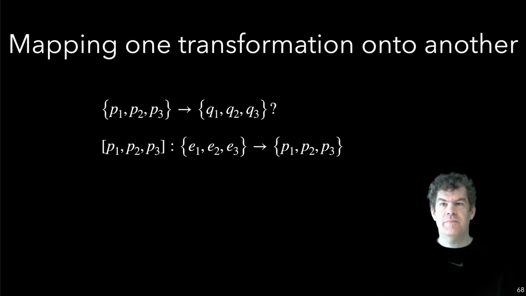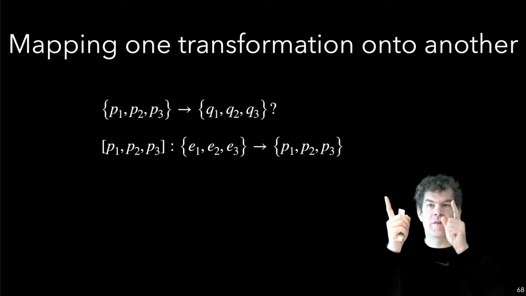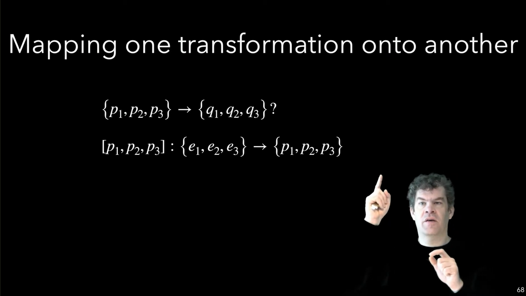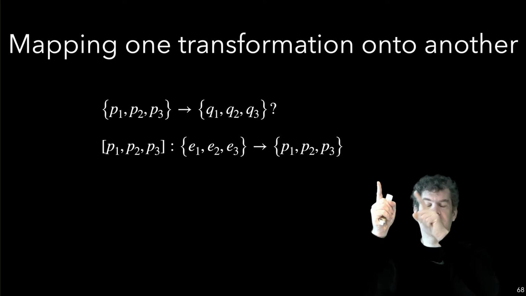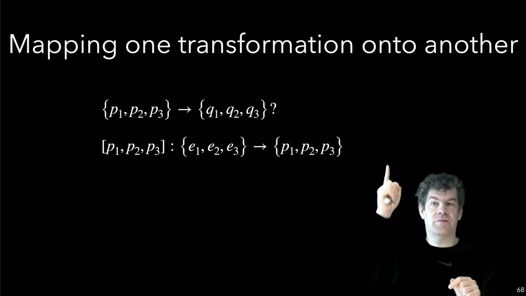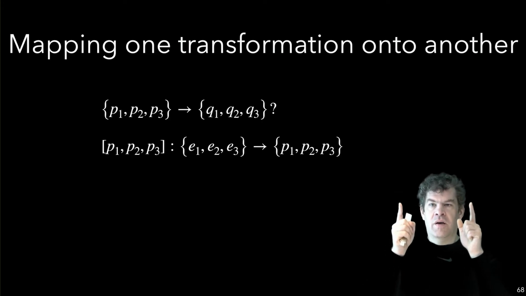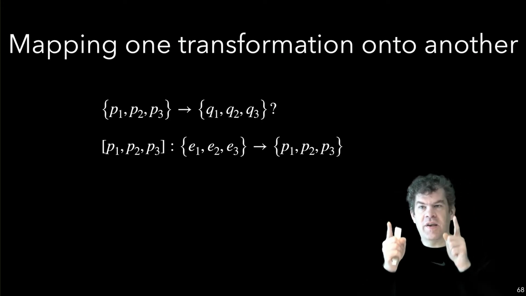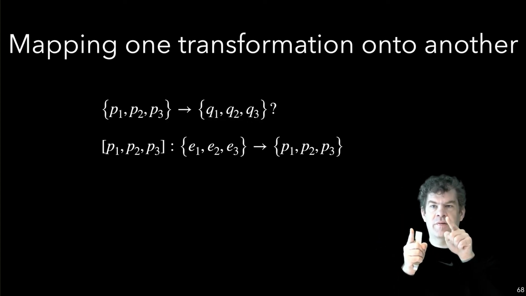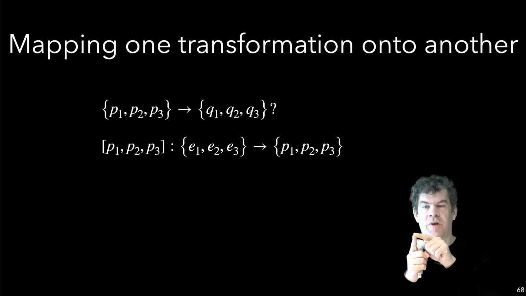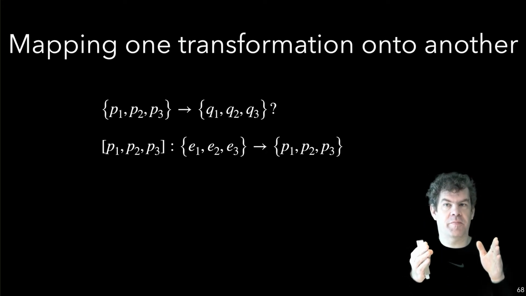What happens if I multiply E1 with that thing? Well, E1 is 1, 0, 0, right? It's P1's first element times 1 plus the second one times 0 plus the third one times 0. So it's just P1's first element. Next row, again 1, 0, 0 times the second coordinate of P1 times 1 plus the second coordinate of P2 times 0 plus the second coordinate of P3 times 0 also happens to be the second coordinate of P1, and then the third one.